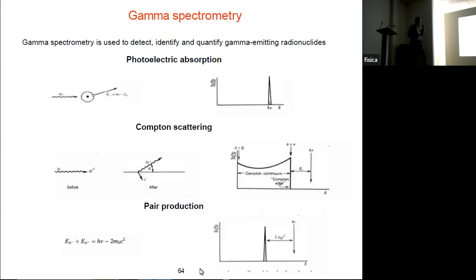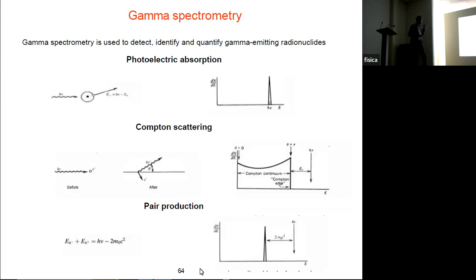Here on the Y axis is intensity, the number of counts, and here on the X axis you have the energy of the initial gamma ray.